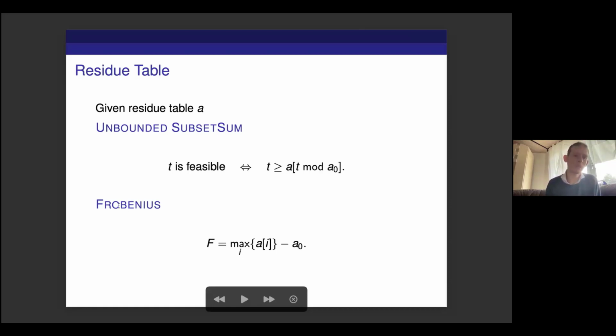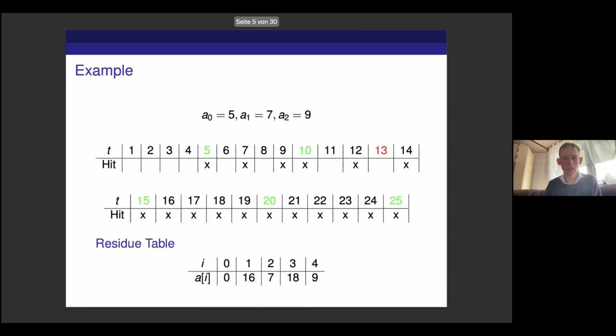And also we can compute the Frobenius number simply by taking the maximum entry in the residue table. We know that entry is representable, but the entry minus A0 is not. So this has to be the largest target value that is not representable. In our case, the largest entry was 18, minus 5, this is just 13.